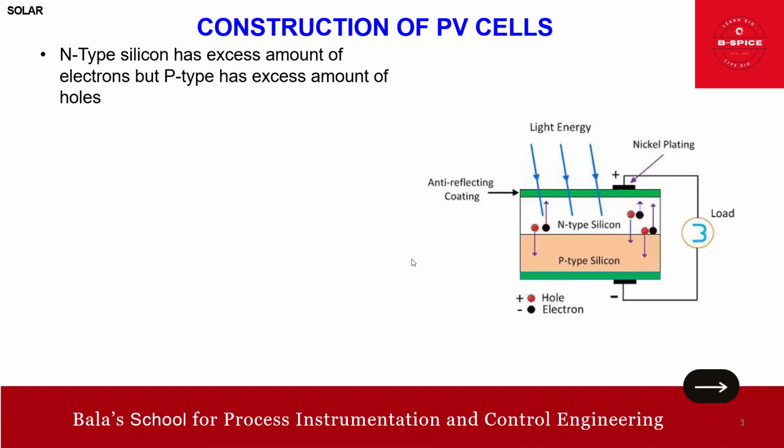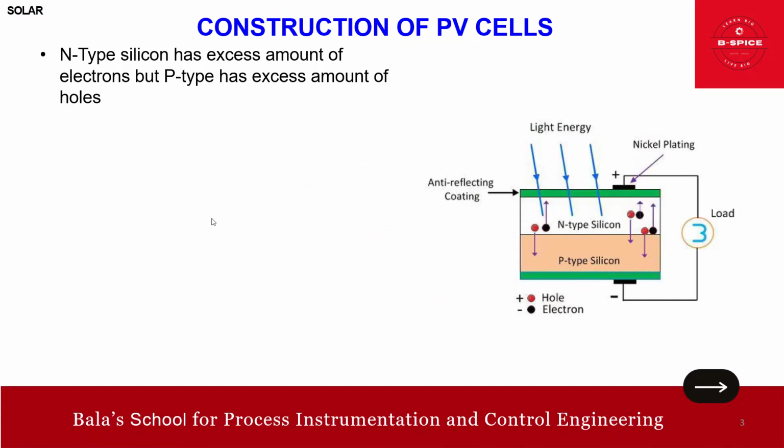Now again, construction of PV cells. That is what I explained in the beginning. I repeat one more time, no issues. N-type silicon has an excess amount of electrons, but P-type has an excess amount of holes, meaning positive charge.